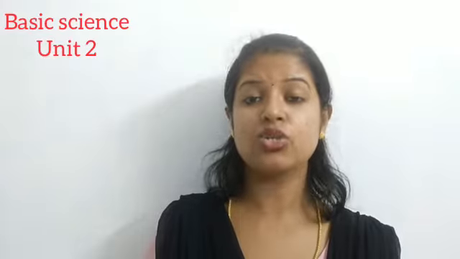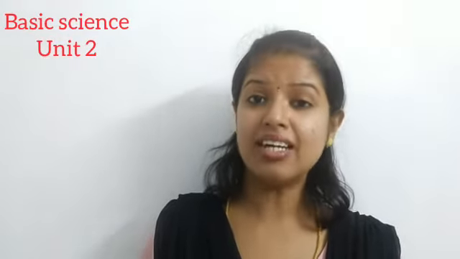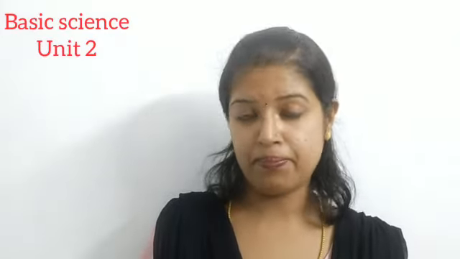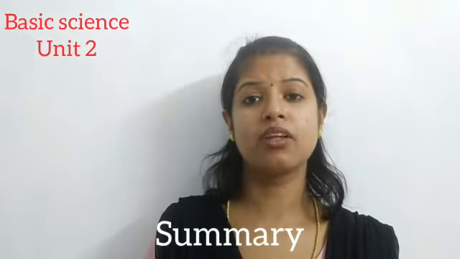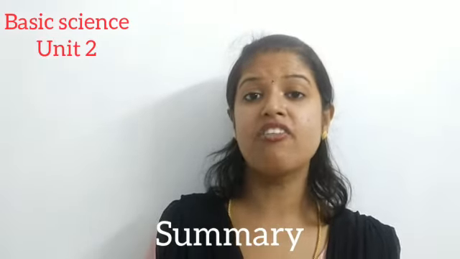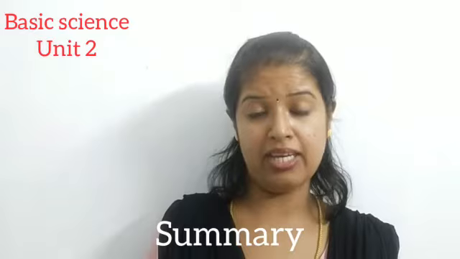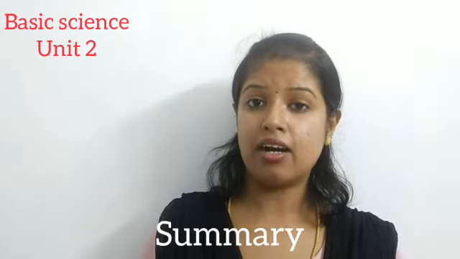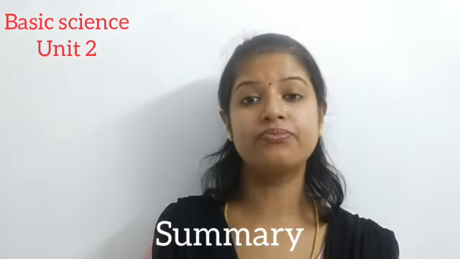Okay. So this is about today's topic. So we learned about lateral inversion, what a lateral inversion is and what happens when we keep objects in front of a plane mirror and in front of a steel spoon or ladle.